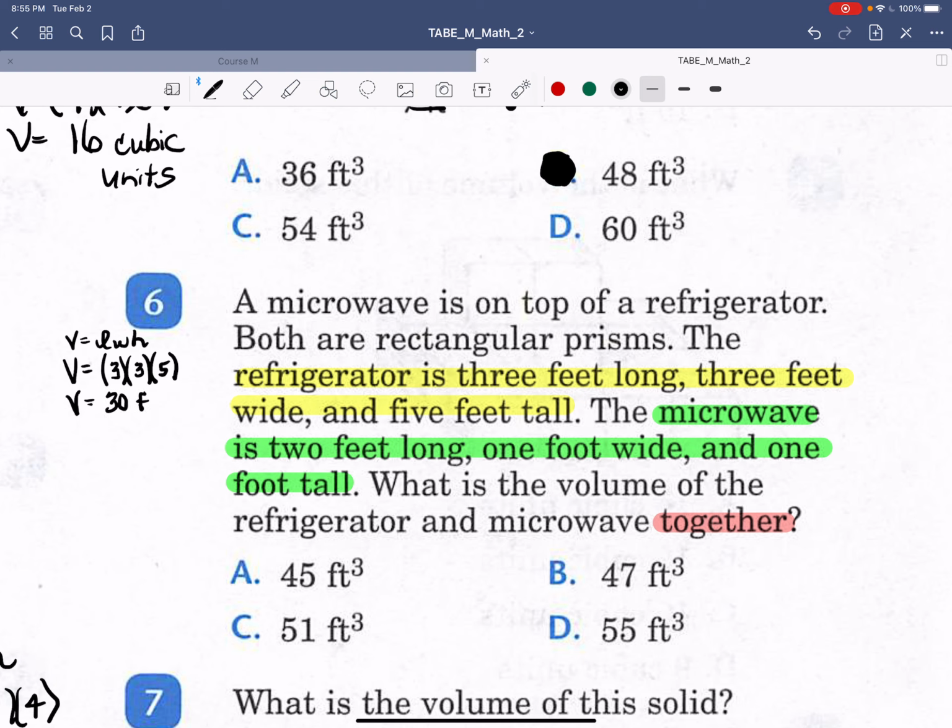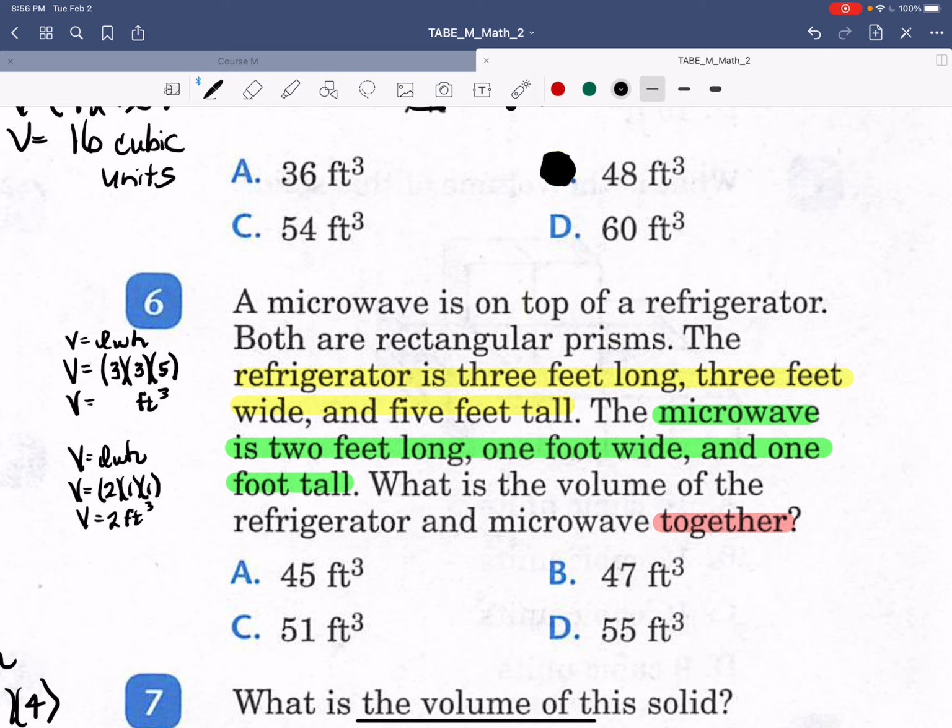Then the microwave, length, width, and height, is 2 by 1 by 1. So that is 2 cubic feet. Put those two together, and I've done something wrong. I can't multiply. I told you, I don't trust myself.